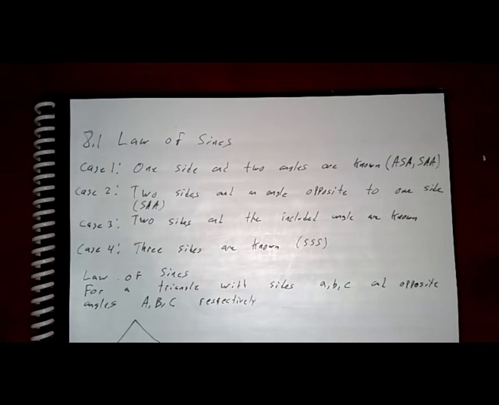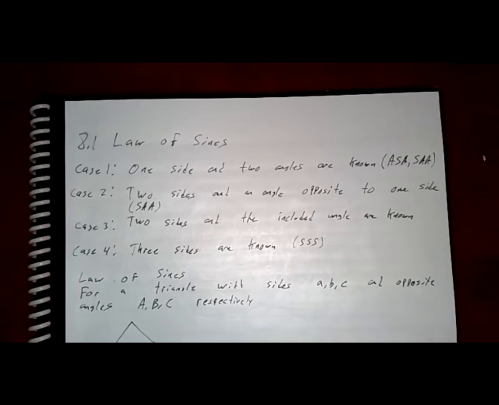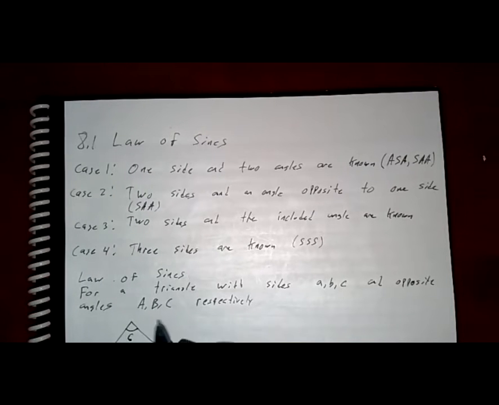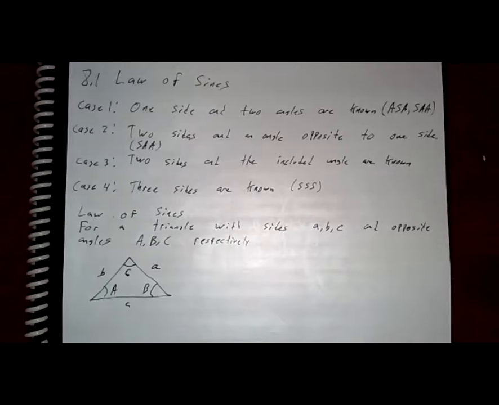So angles A, B, C, and the opposite sides are here, here, and here. A is there, B is there, little c and capital C.